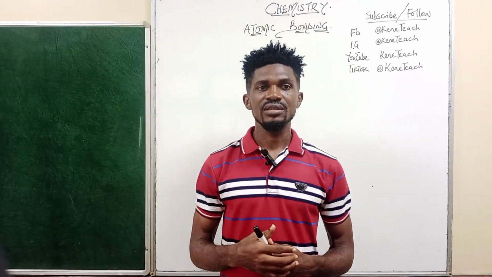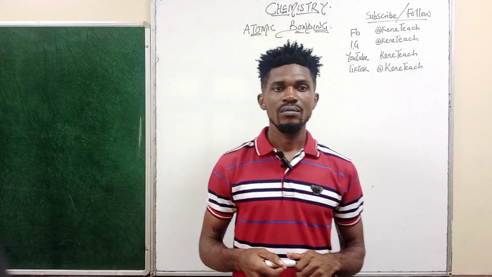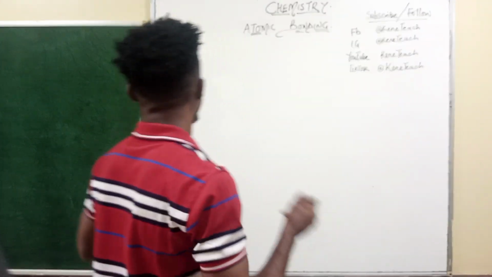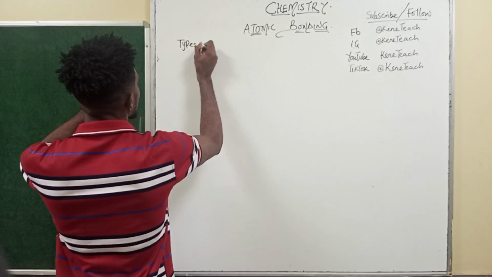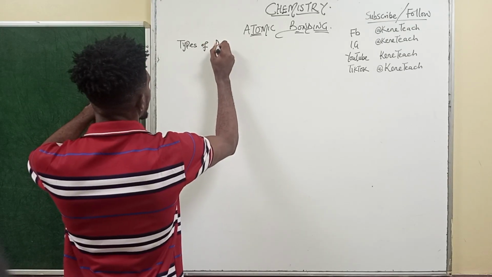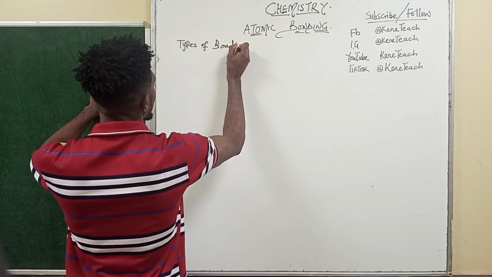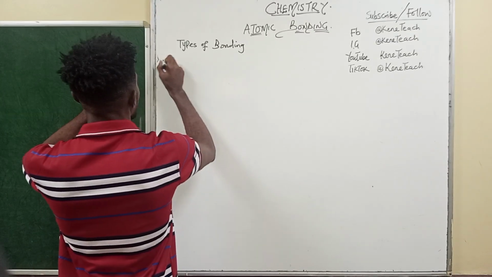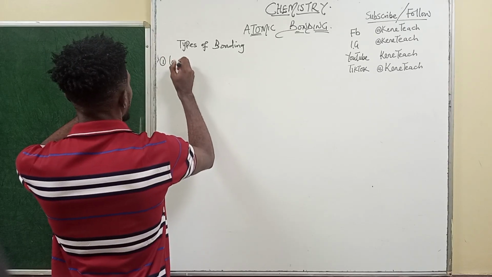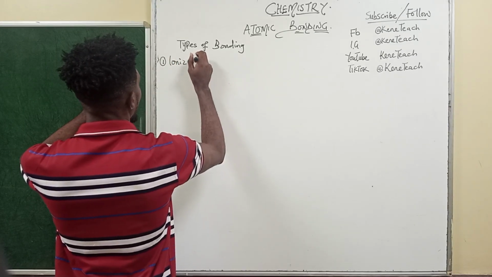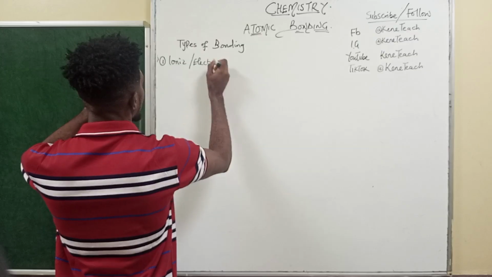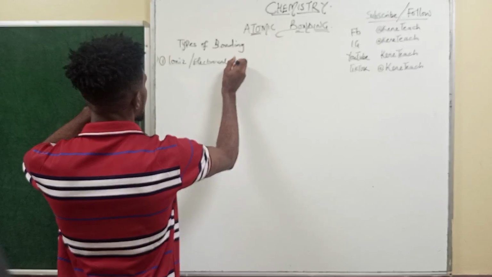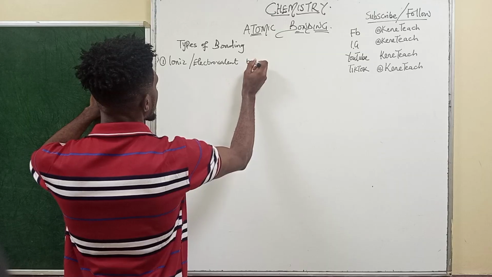So, what are the major types of bonding we have? The first one we have is ionic or electrovalent bonding.